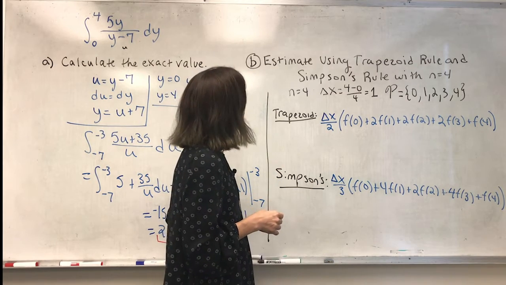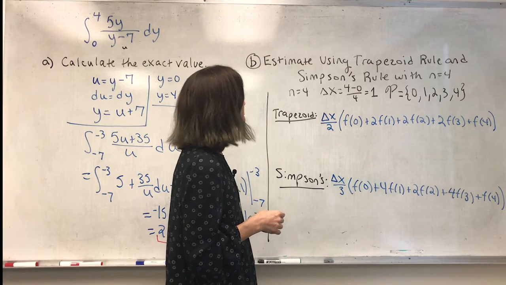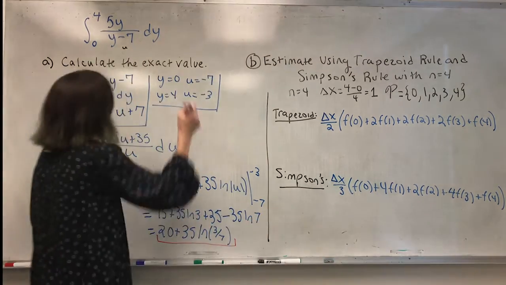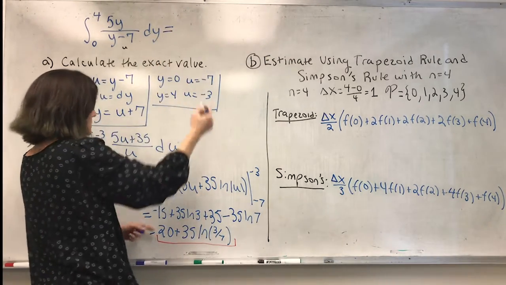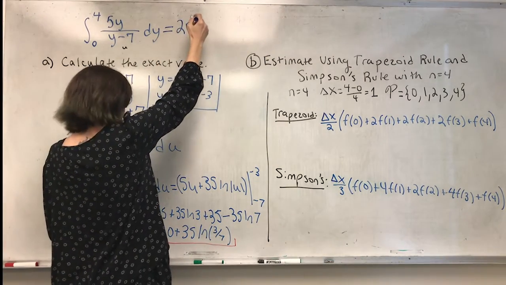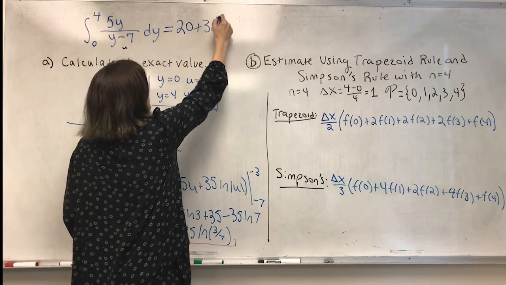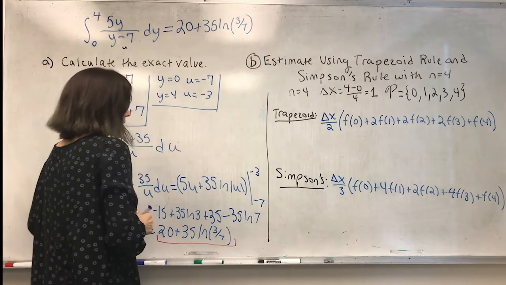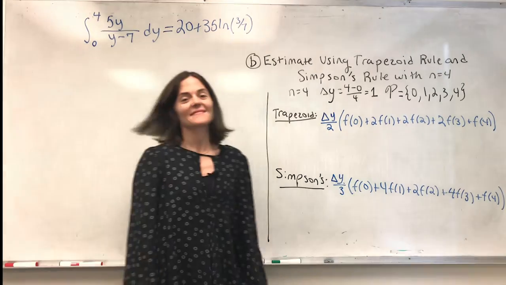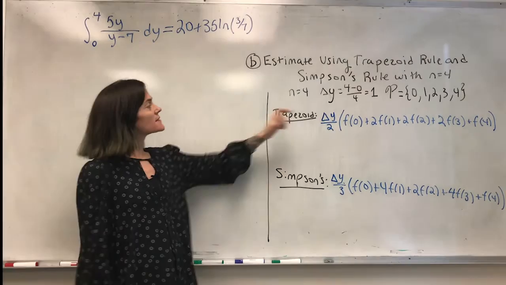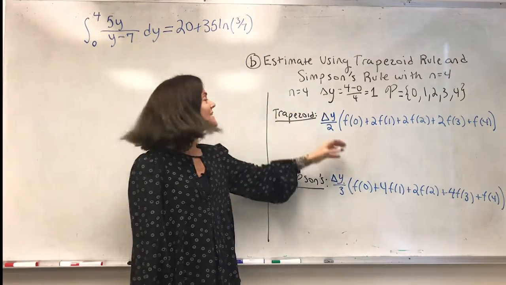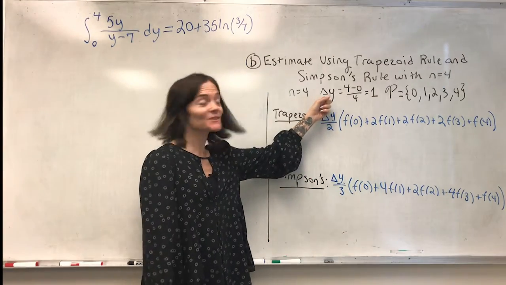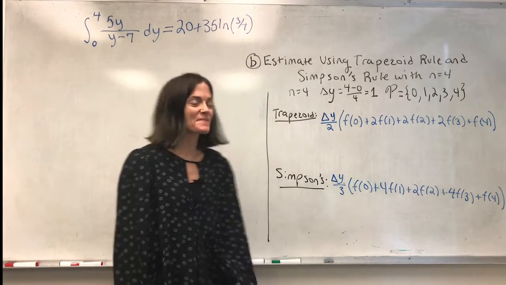Okay, now here's what I will do. Let us write this here. This equals 20 plus 35 ln (3 over 7). And then I will erase. So I have erased, but I also changed. I had delta x, and if you look at the integral, the variable is y, so I changed to delta y just to match the variable.